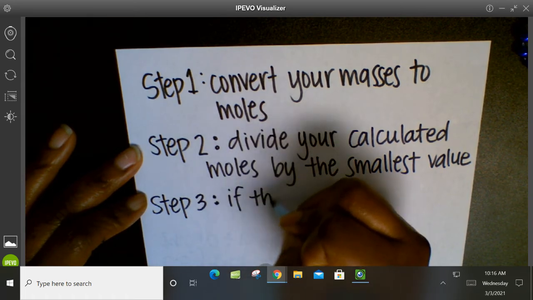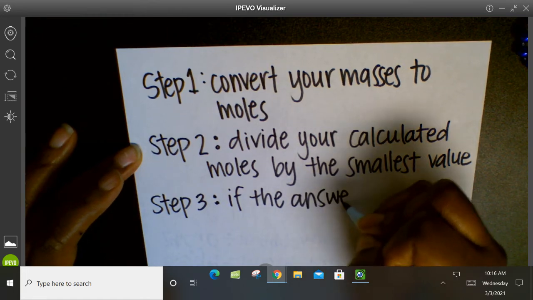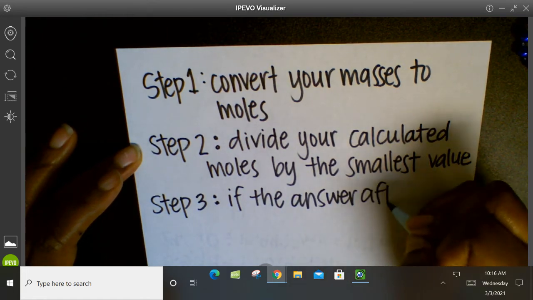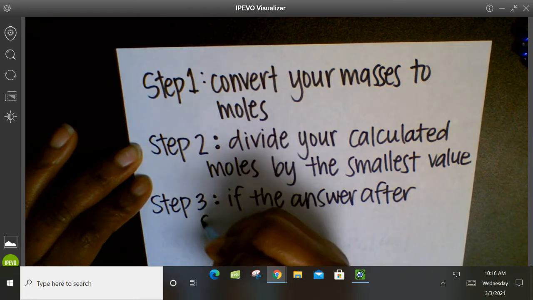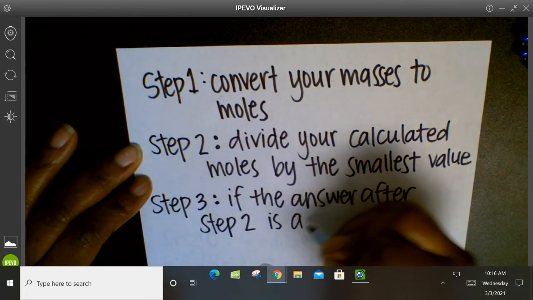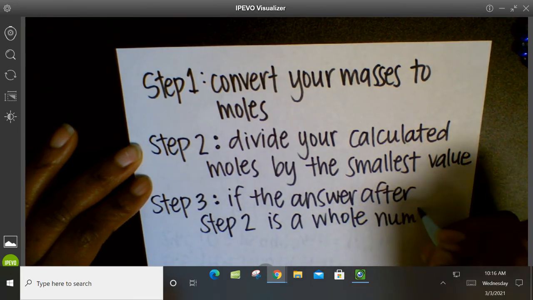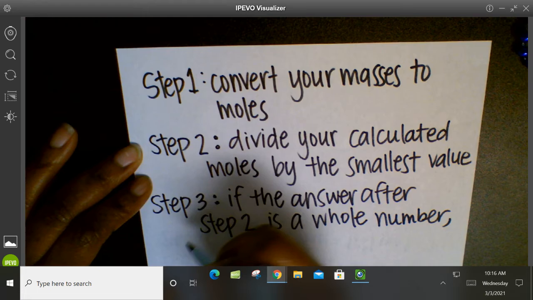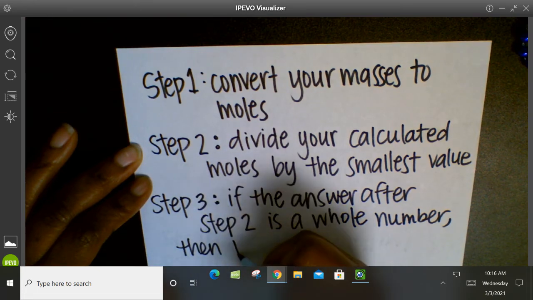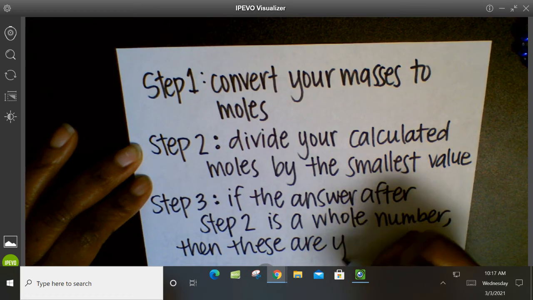Okay. Step 3, if the answer after step 2 is a whole number, then these are going to be your subscripts.